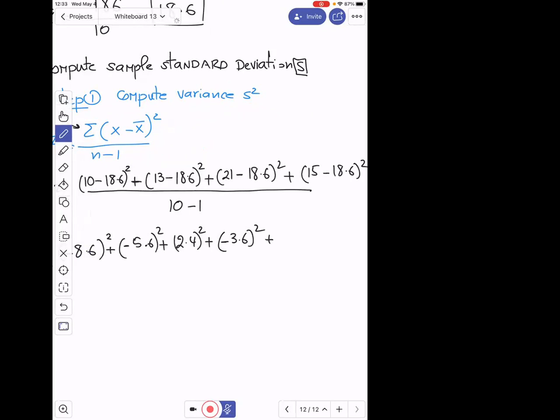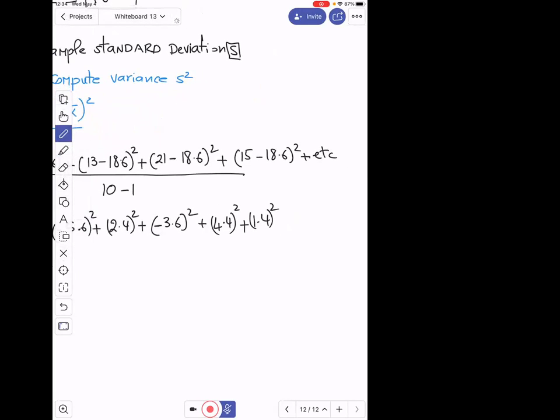So that's positive 4.4 square plus 20, so that's 1.4 square plus negative 4.6.